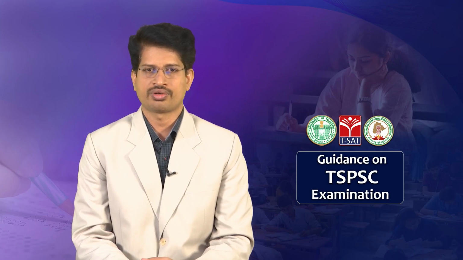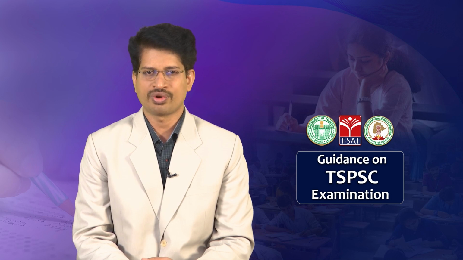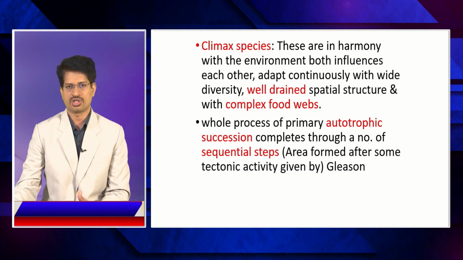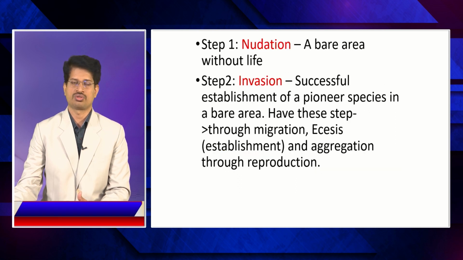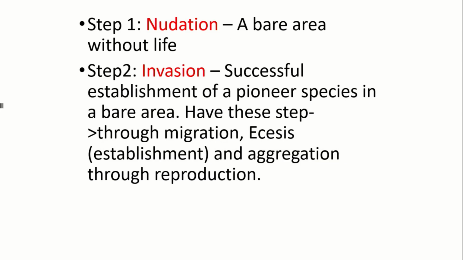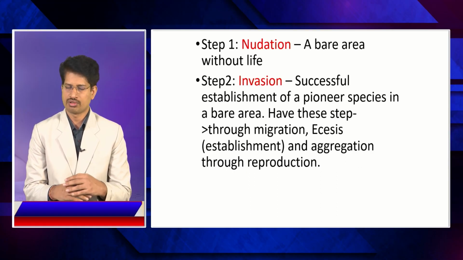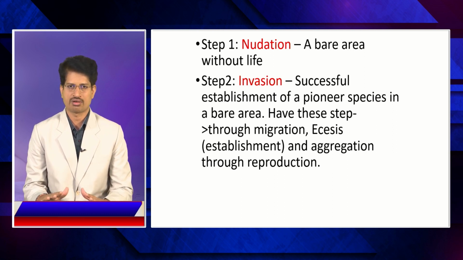The process of primary autotrophic succession completes through a number of sequential stages. So what are the different stages through which this succession happens? One is nudation. Nudation is the first stage where there is no species or no life at all, just bare bedrock.